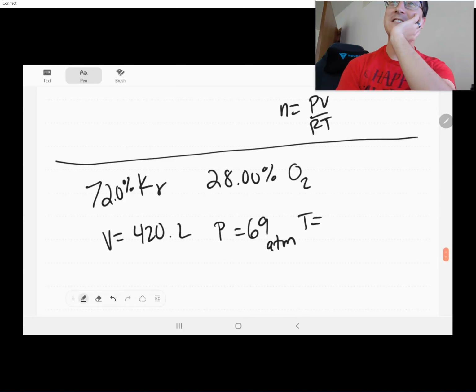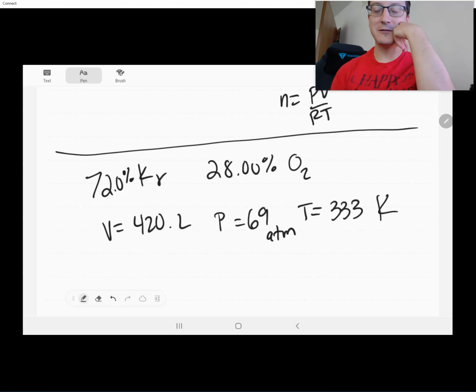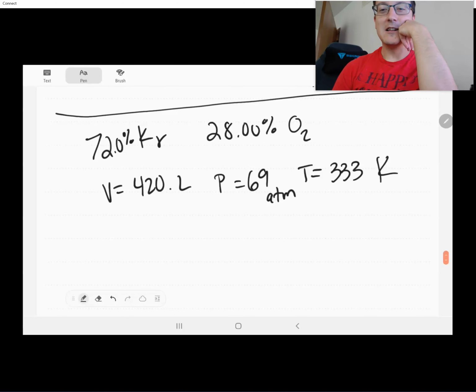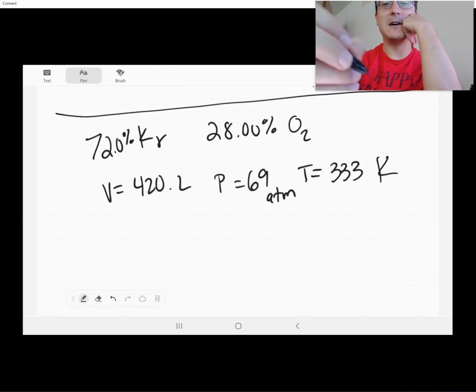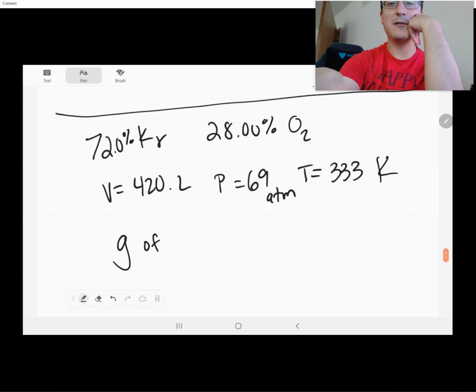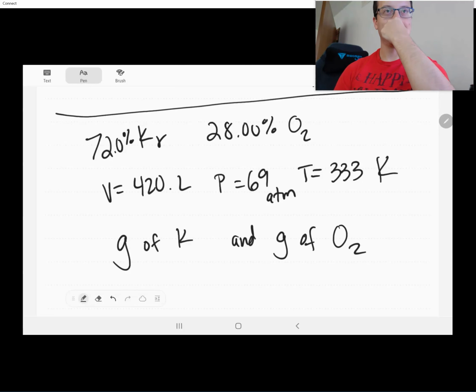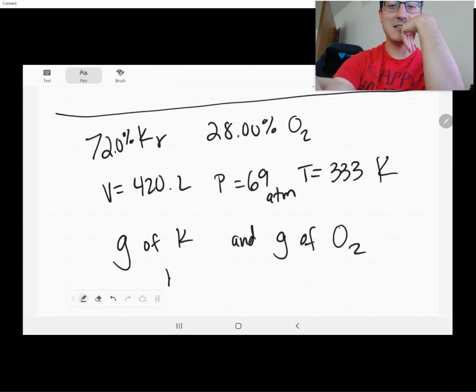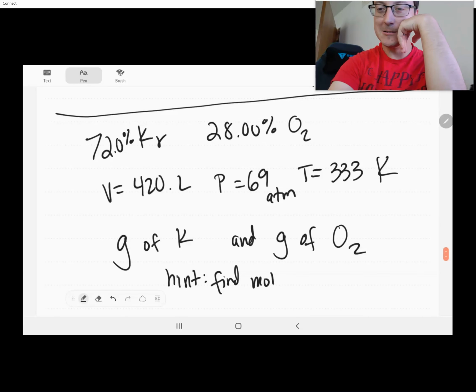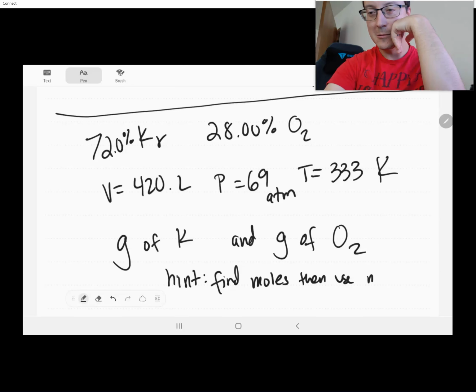Celsius or Kelvin? Okay. Make it easy for yourself. Okay, that's great. Alrighty. I want the grams of krypton and the grams of oxygen. Okay, hint. Find moles, then use molar mass.